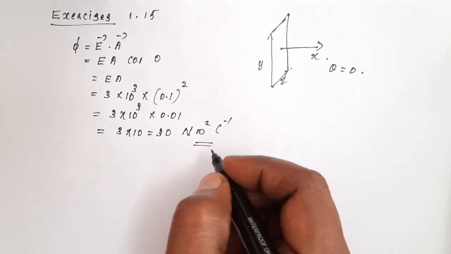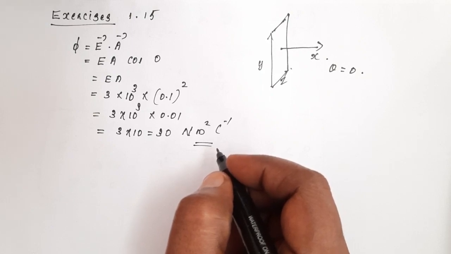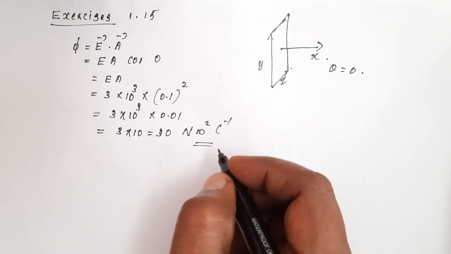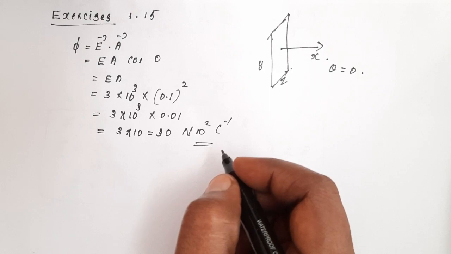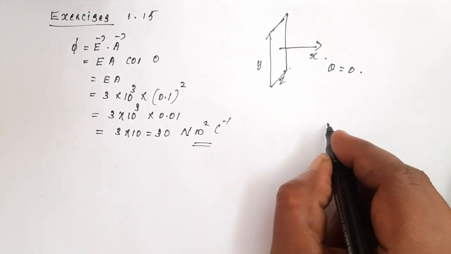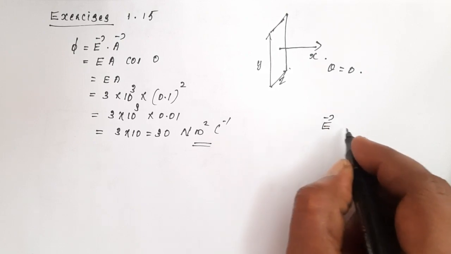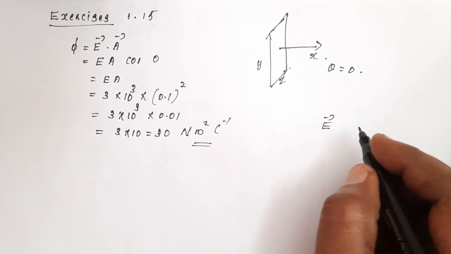And you are asked to find what is the flux through the same square if the normal to this plane makes an angle 60 degree with the x-axis. The electric field is in the x direction only, and the normal to the plane means the area vector.